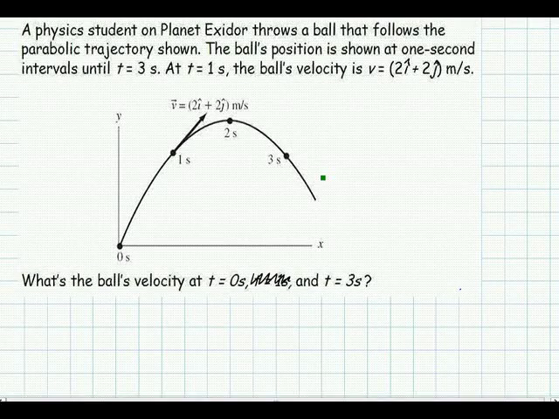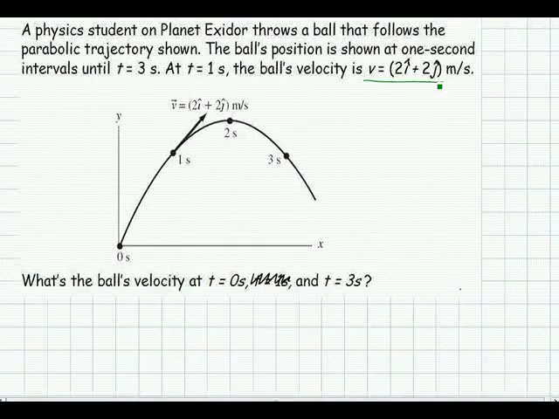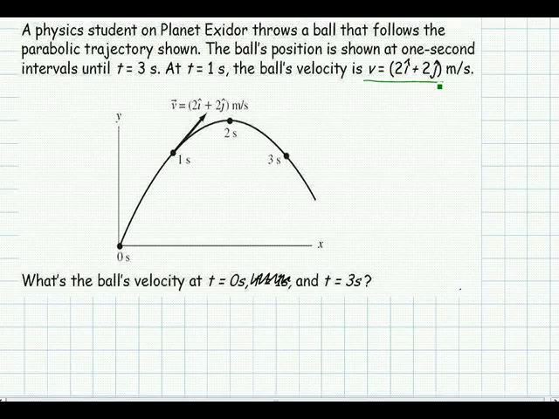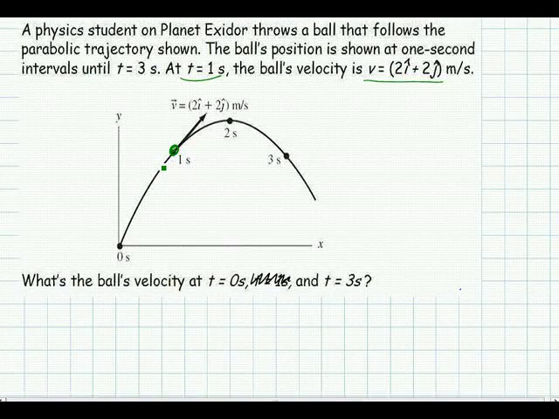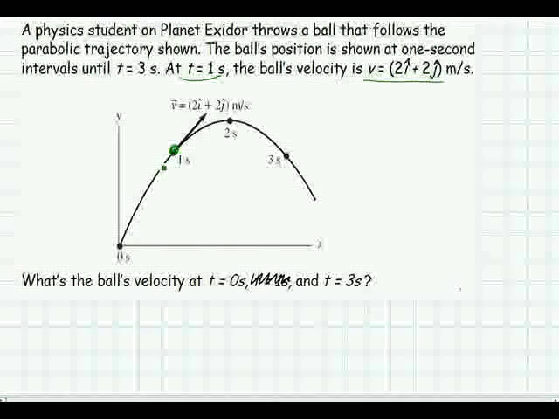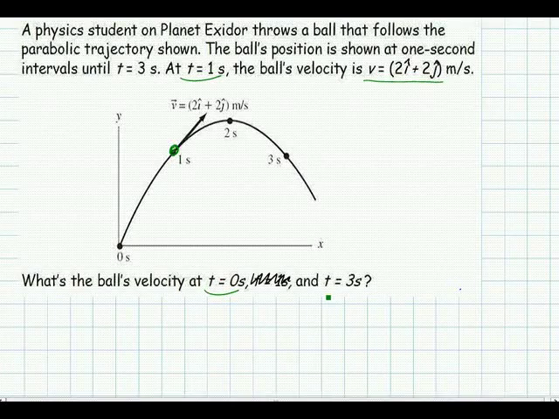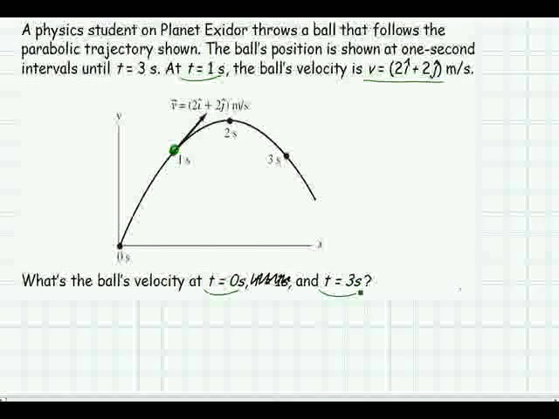We are given the velocity of the object at t equals 1 second. This is this position right there, and the velocity vector is given as 2i plus 2j meters per second, and we are asked to find the velocity of the object at 0 seconds and 3 seconds.